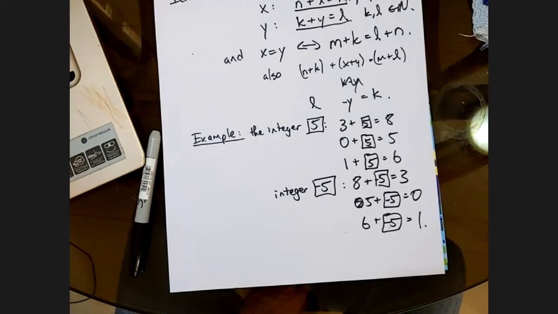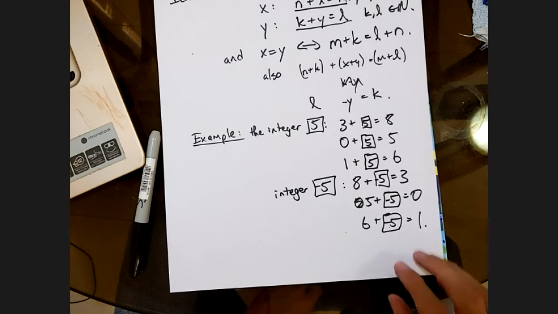Let me just try and describe to you the formal construction for the integers, and maybe a to-do list of the typical things you'd want to prove.